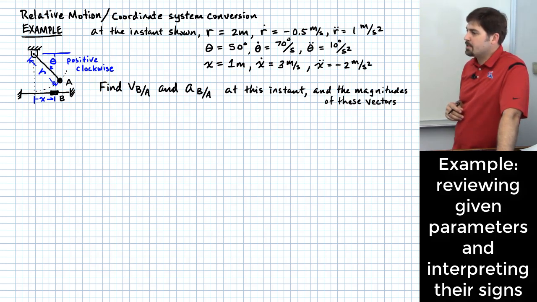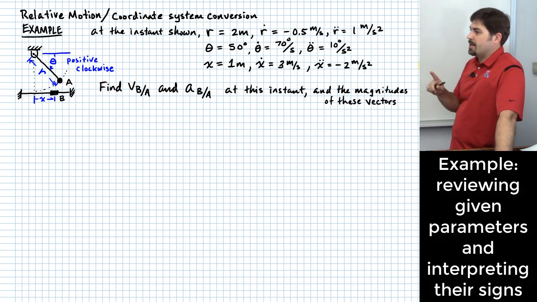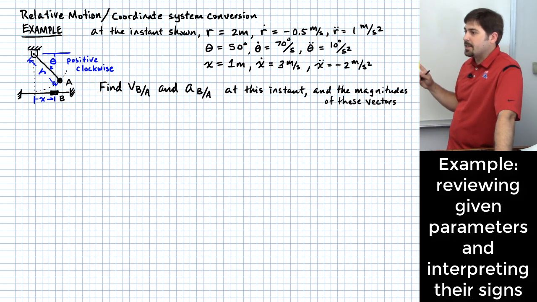This is positive rightward based on how I've drawn x right there. And then x double dot is going to be negative 2 meters per second squared, meaning it has a velocity to the right now, but it's slowing down. That's the physical interpretation of that negative sign on the acceleration.